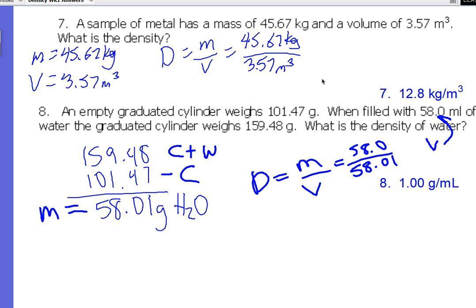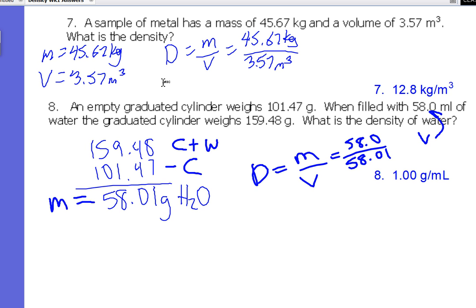Number 8, this one's a little weird. They measured the mass of a graduated cylinder, then they put water in it, and then they measured the mass of both objects. So that's the mass of both, right?